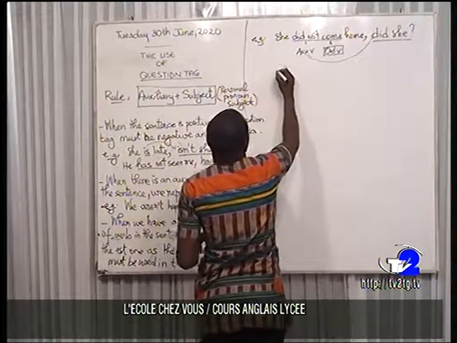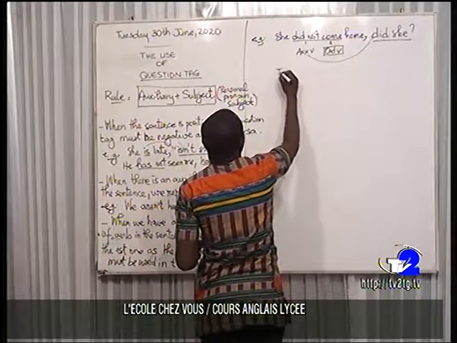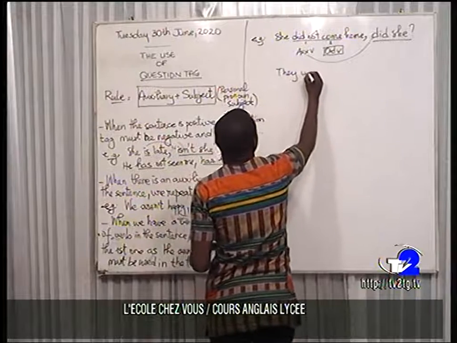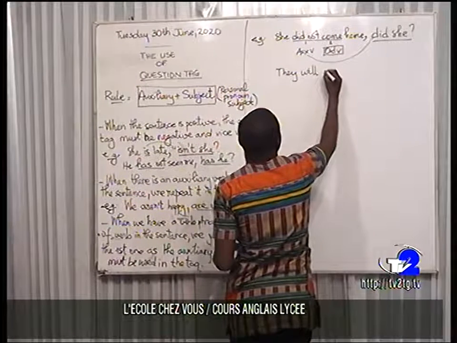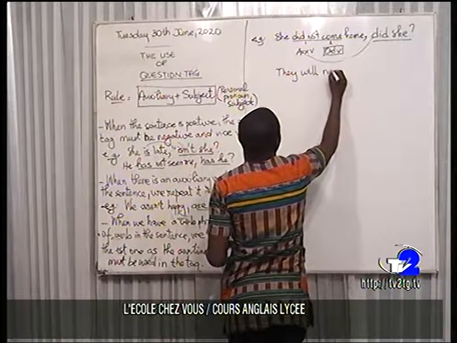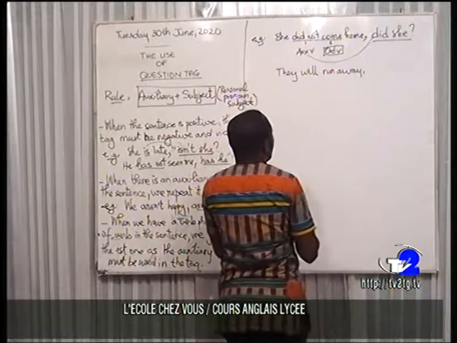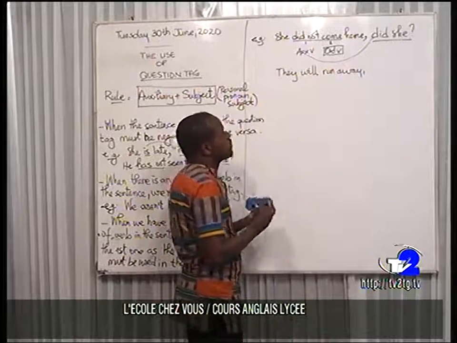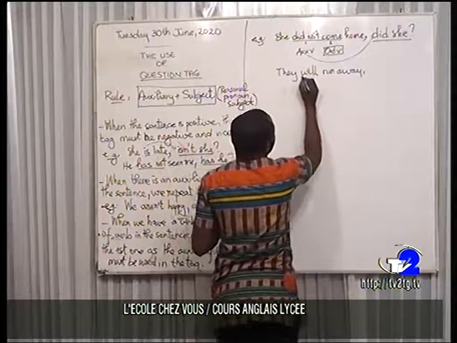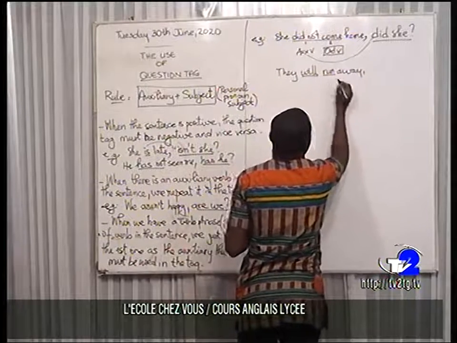Another sentence. They will run away. How many verbs do we have in this sentence? We have two verbs, will and run.